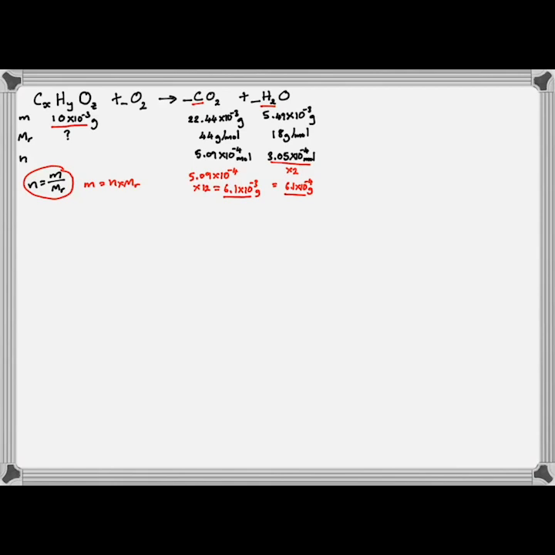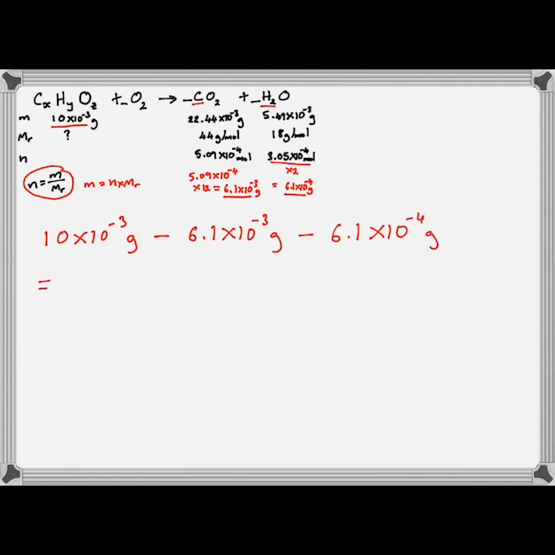So to calculate the mass of oxygen, it would simply be the 10 times 10 to the minus 3 grams that we had before, minus 6.1 times 10 to the minus 3 grams of the carbon in the carbon dioxide, minus the 6.1 times 10 to the minus 4 grams of hydrogen.